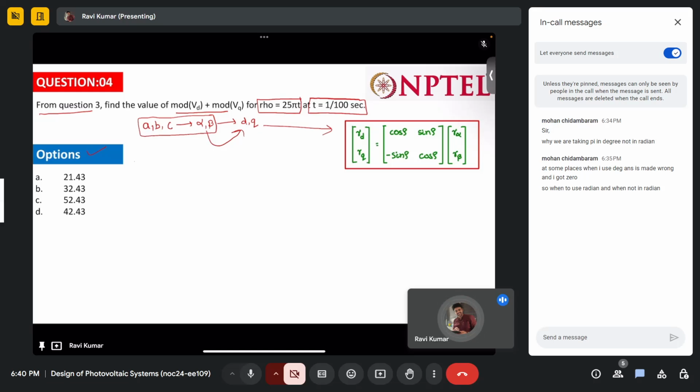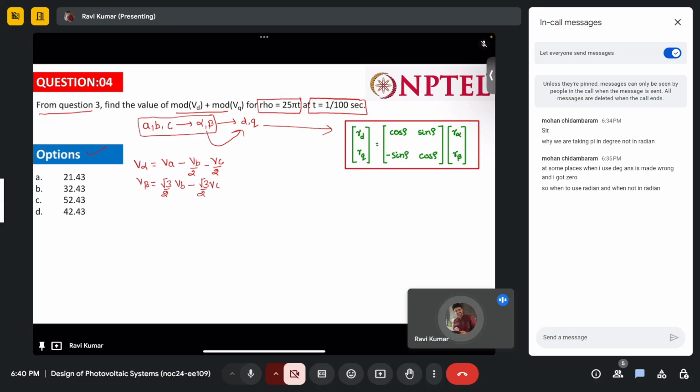So our V alpha comes to be VA minus VB by 2 minus VC by 2, and our V beta comes to be root 3 by 2 VB minus root 3 by 2 VC.